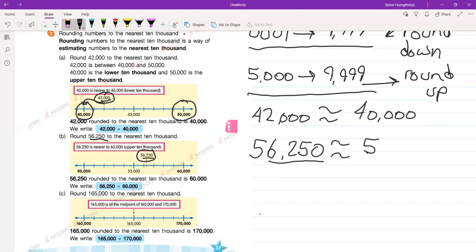Let's get this eraser working. All right, I'll change that. There we are. Okay. The nearest multiple of 10,000 is going to be 60,000. Okay, there we are there.